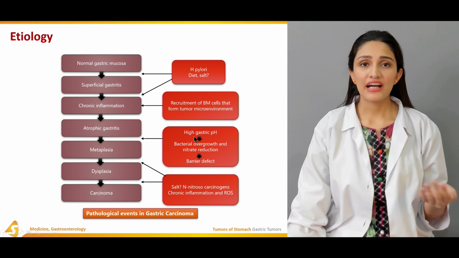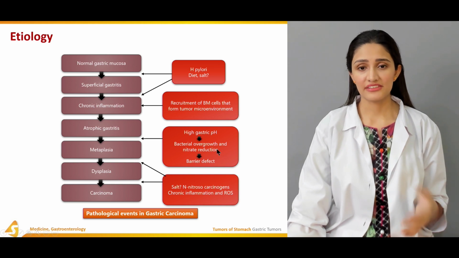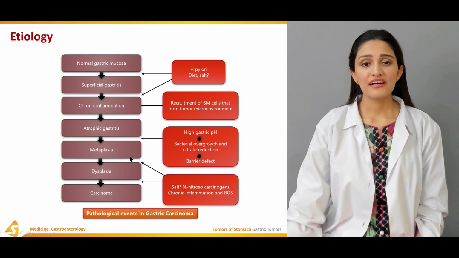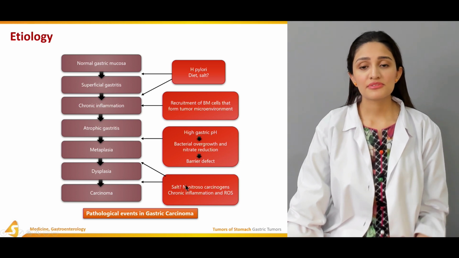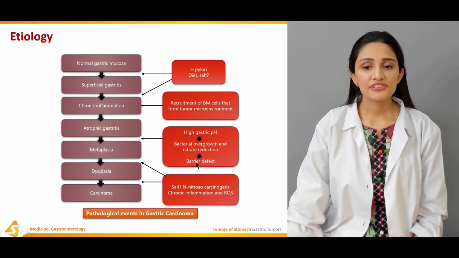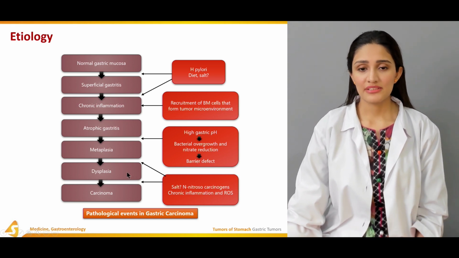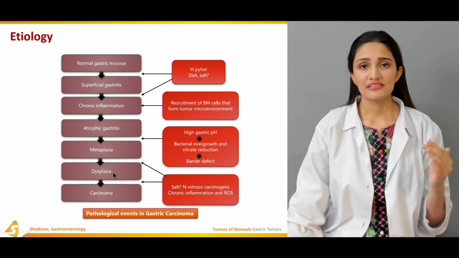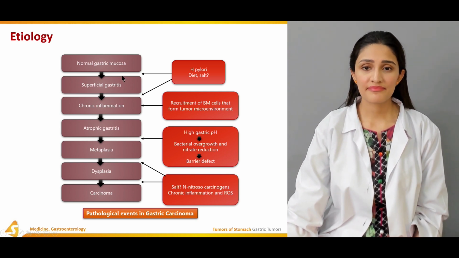The causes are high gastric pH, bacterial overgrowth, nitrate reduction, and any sort of barrier defect that causes metaplasia. The next step is dysplasia, which is because of different types of salts or carcinogens and chronic inflammation that cause these changes within the epithelium. And lastly, it completely predisposes to cancer, which is gastric cancer.